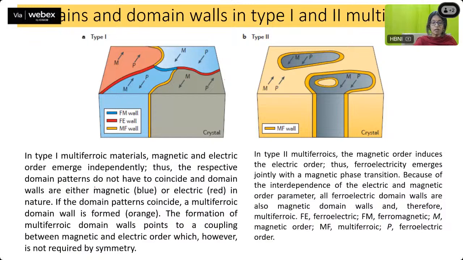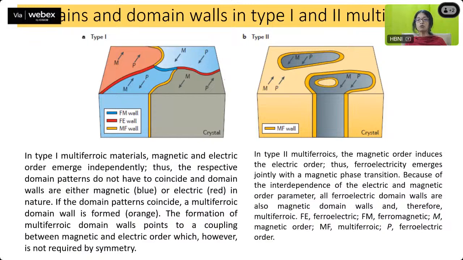So the respective domain patterns do not have to coincide, and domain walls can be either magnetic, which is shown in this blue wall, or electric as shown in the red. If the domain patterns coincide, then a multiferroic domain wall is formed, which is this orange wall which you see over here. So the formation of multiferroic domain walls points to a coupling between magnetic and electric order, which however is not required by symmetry in case of type 1 multiferroics.